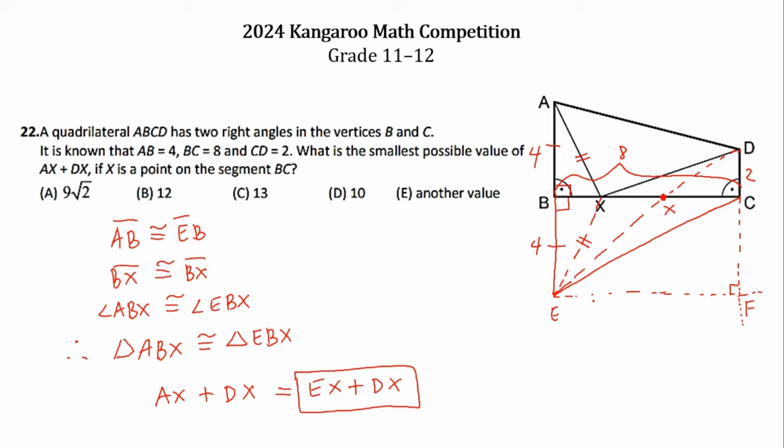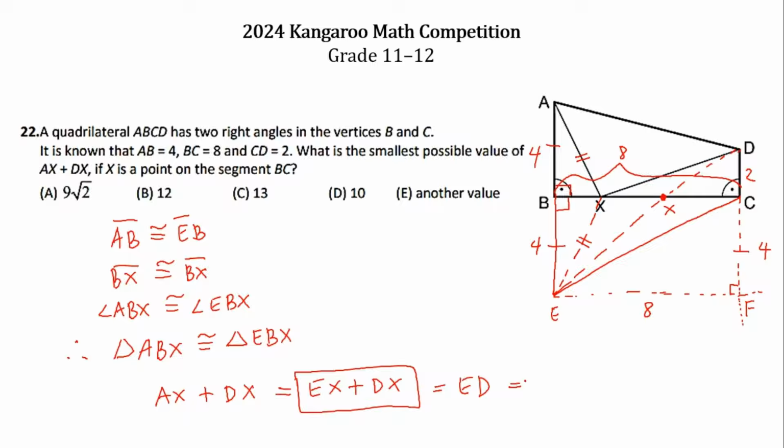Now take note that we are constructing CF such that BE is also equal to CF, and so CF must be 4. Alright? Now, BC, take note, is 8, so EF is also 8. So, ED, which is equal to EX plus DX, take note, that's equal to ED.